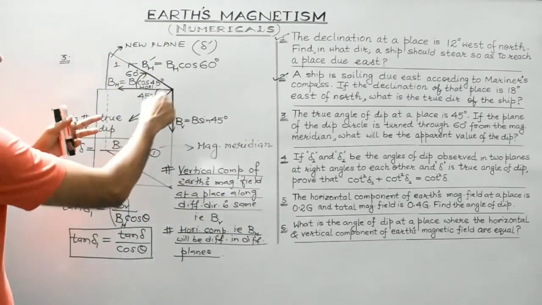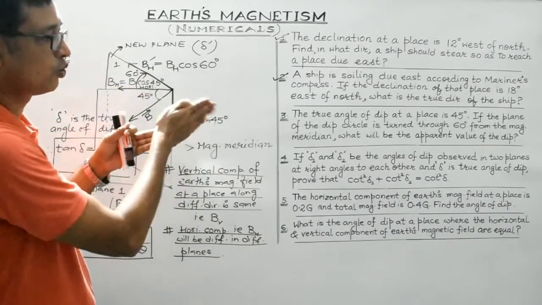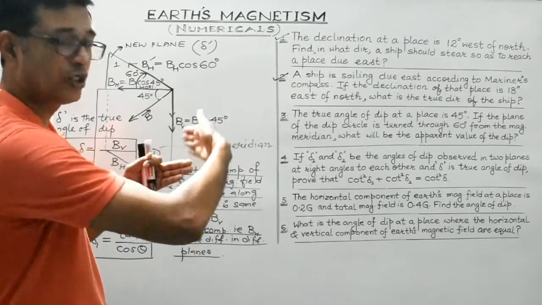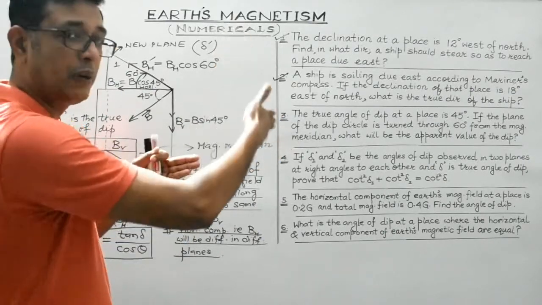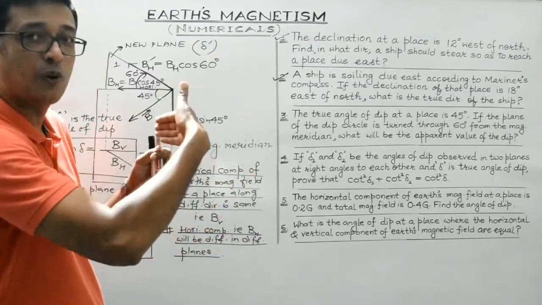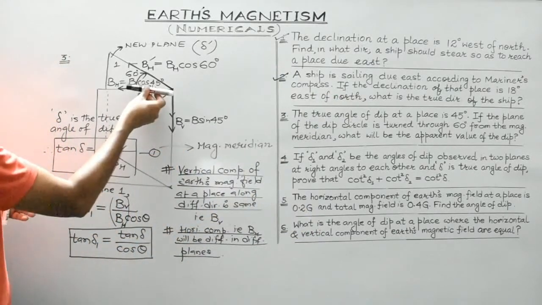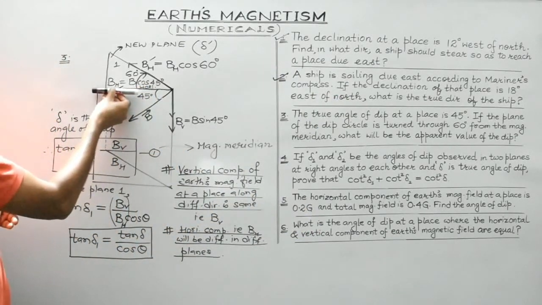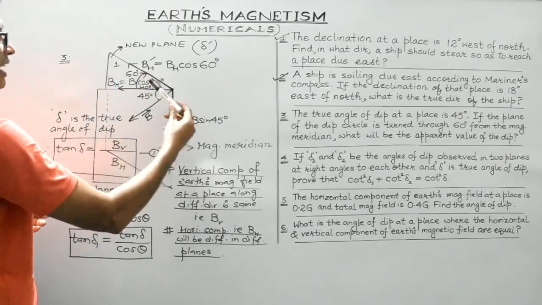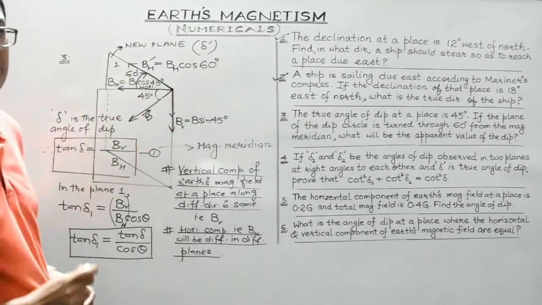Now, in case the plane is rotated or turned through an angle of 60 degrees, as given in the question, then in that plane the vertical component will remain the same, but the horizontal component in the different planes would be different. In case the horizontal component in the magnetic meridian is BH, then if the plane is rotated through 60 degrees, then in that new plane the horizontal component would be BH cos 60 degrees.